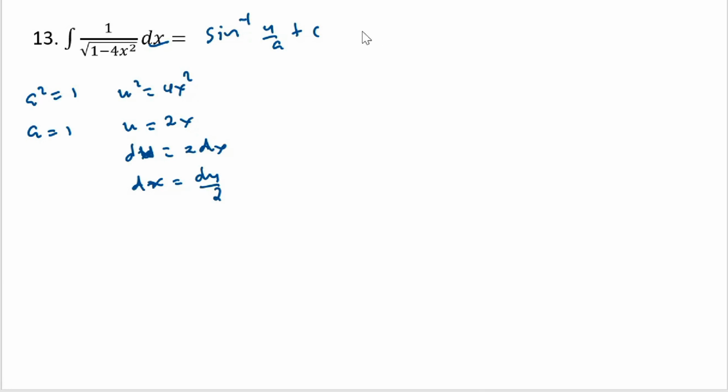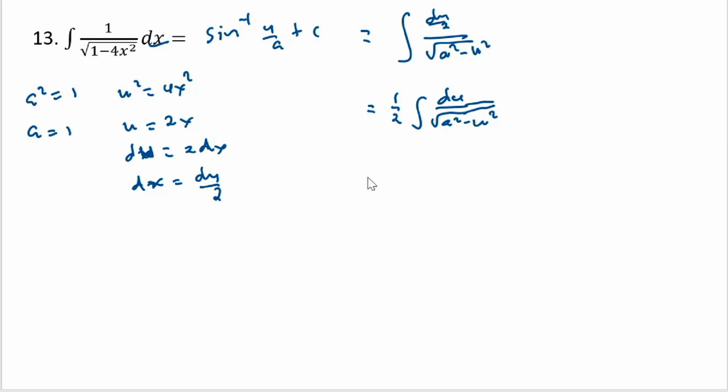By rewriting the given, we can have the integral of 1 dx, where dx now means du over 2, over the square root of a squared minus u squared. So we can write our coefficient factor as 1 half times the integral of du over the square root of a squared minus u squared. According to the formula for the inverse trigonometric function, that is equivalent to arc sine of u over a plus a constant.